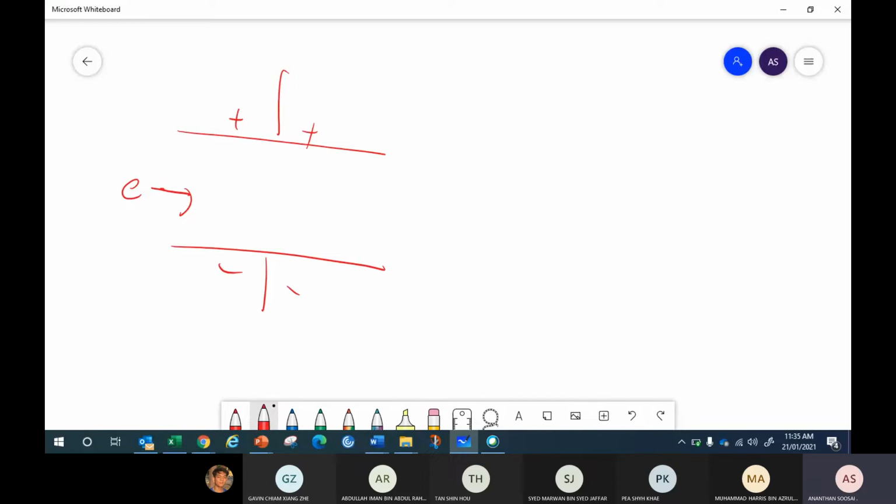What shape does the path take? Anyone? It goes up. What shape is this path? It's a parabolic path. What is the condition to have a parabolic path?